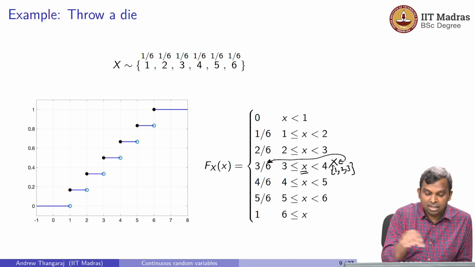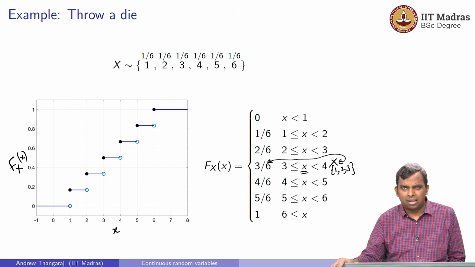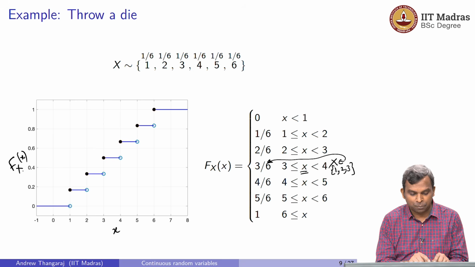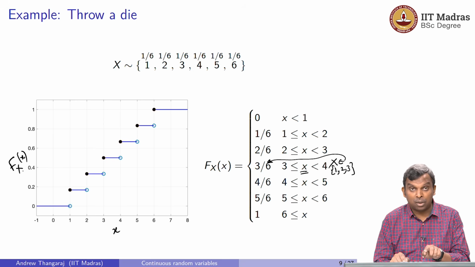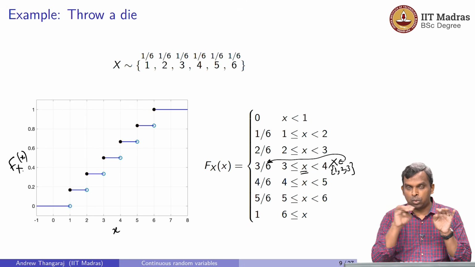Now you can also sketch this F_X of x, which is what I've done here, and the sketch is very important. I want you to take some time and make sure you understand how this sketch came. It's very easy at some level, but if you're seeing it for the first time, it can be confusing. On the x-axis, you go 0, 1, 2, 3, etc. For x less than 1, it is just flat at 0. For x between 1 and 2, it is flat at 1 by 6.